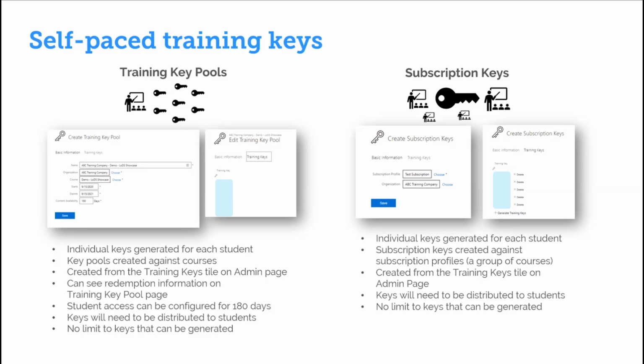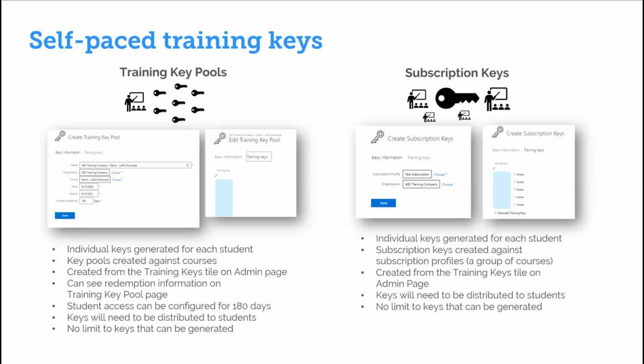The first of our self-paced keys would be our training key and training key pools. Training key pools are a group of keys that are aligned to a single course. Training key pools allow you to configure the key availability period and when the key can be redeemed, and the content availability for how long students have access to the course for.